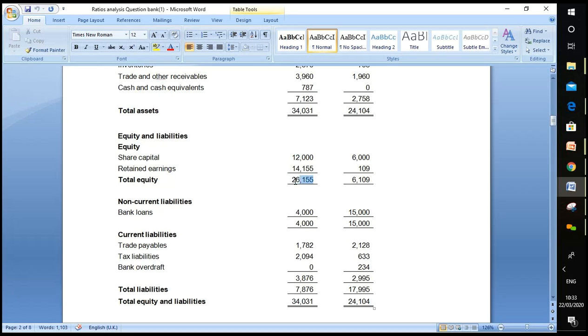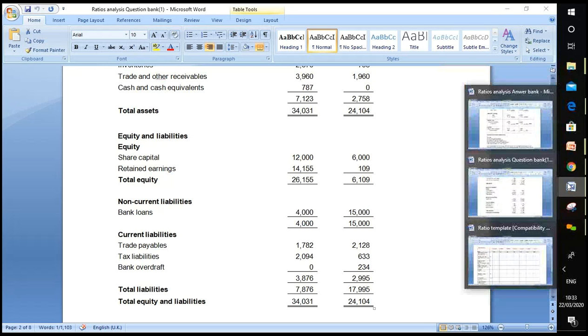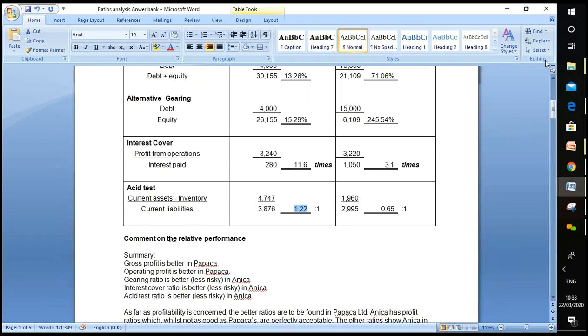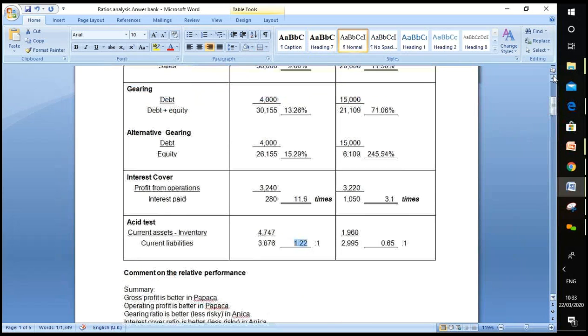Okay, next, if we look at the gearing ratio, gearing means debt divided by equity. Equity means the investment, they have 2615, and they have long-term liabilities of 4,000. If we go back to the financial position ratios, there are two formulas. One is debt divided by equity.